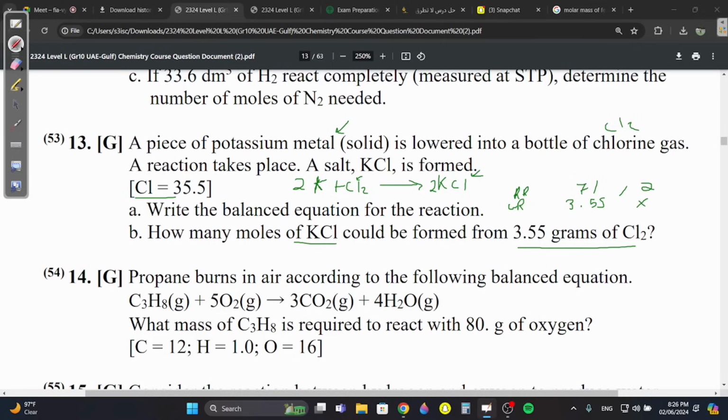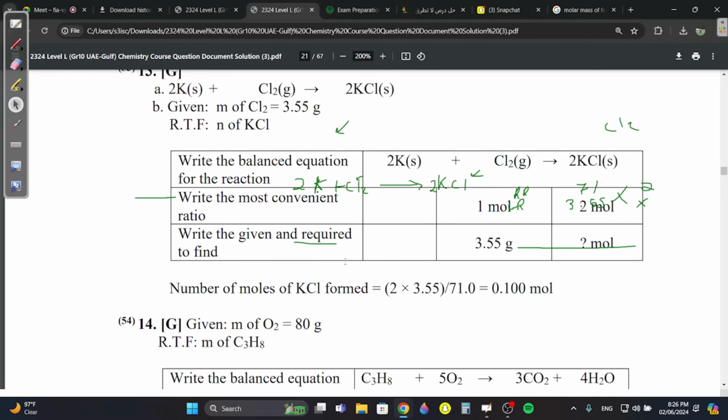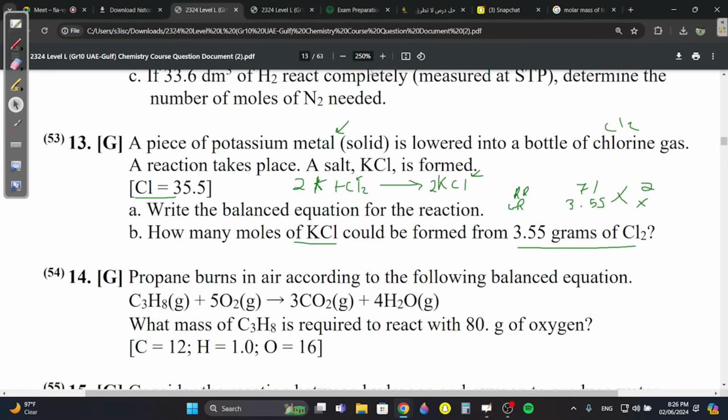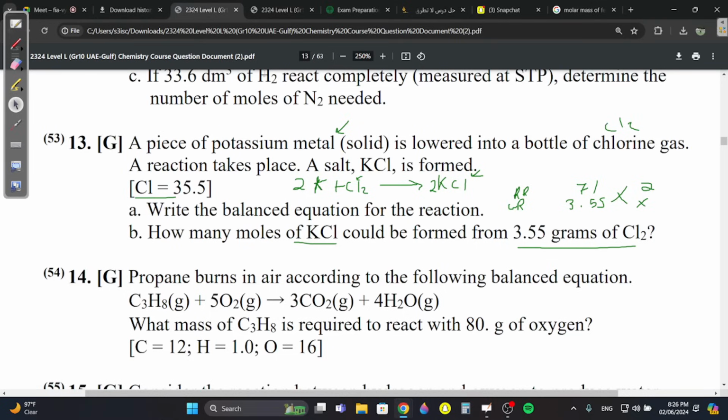So given, it will be X. Cross multiply, and it should be 0.05. Wait, let me see, 2 times 3.55. Yeah, I did the math wrong. If you get 0.1 in your calculation, that's correct.